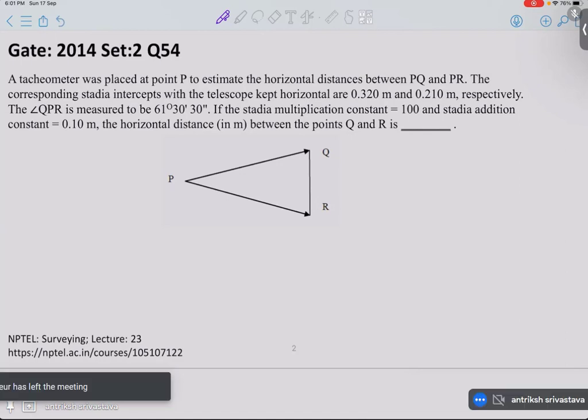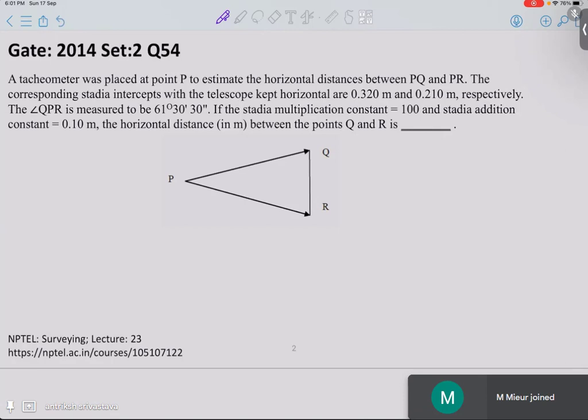The angle QPR is measured to be 61 degree 30 minutes and 30 seconds. If the stadia multiplication constant is 100 and stadia additional constant is 0.1 meter, the horizontal distance between QR is.